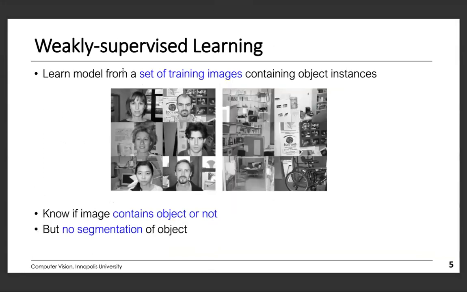So before we go a little bit deeper, we just wanted to explain the concept of weakly supervised learning. Weakly supervised learning is a technique that is used to simplify a little bit the task of annotation for humans, but still provide good performance in model accuracy. So it allows us to learn a model from a set of training images containing object instances without knowing the absolute location of the object, right?